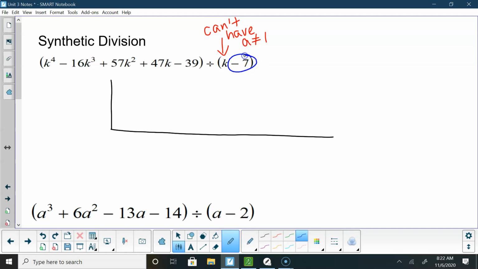Whatever this is right here, we change the sign and we put it over here. Whatever my coefficients are, I put those on that first line, but do I have any missing? No, so I'm cool. I can put a 1, I'll put a negative 16, positive 57, positive 47, minus 39.